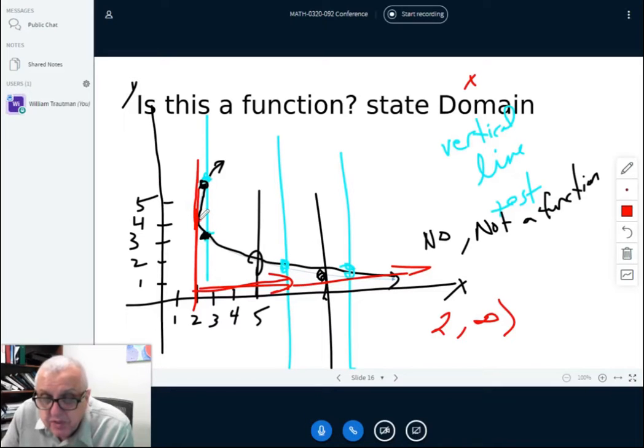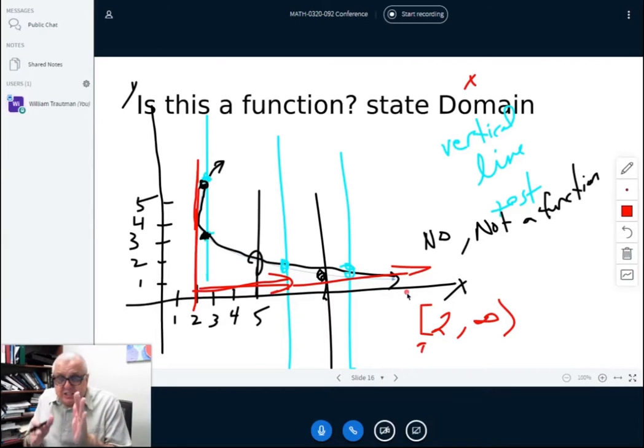However, here, when you do domain in this particular case, it's hard to tell, but it's always going to be touching that spot. It looks like it's touching 2. So you have to use a bracket. If it wasn't touching 2, if it was at 2.1, then you'd put 2.1 on there.